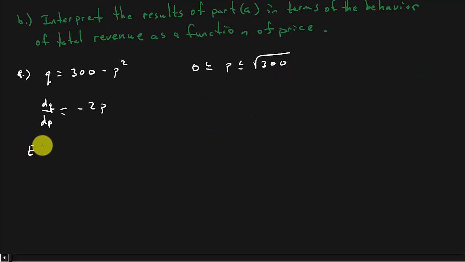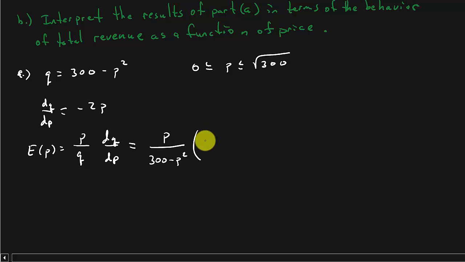And so we get E of P is equal to P over Q times the derivative of Q with respect to P. So that's going to be P over 300 minus P squared times negative 2P. So that is negative 2P squared over 300 minus P squared.